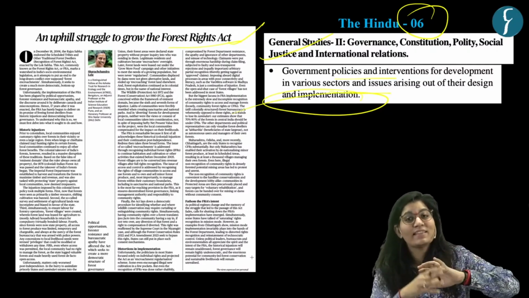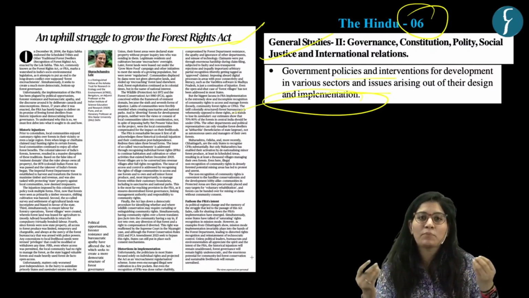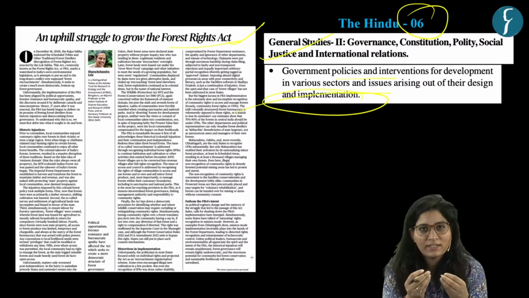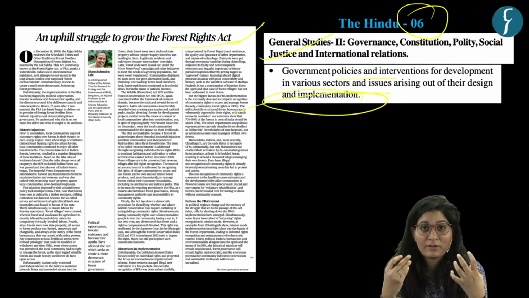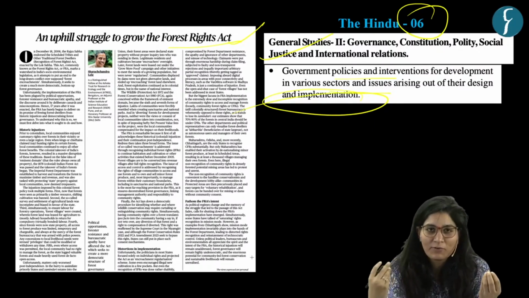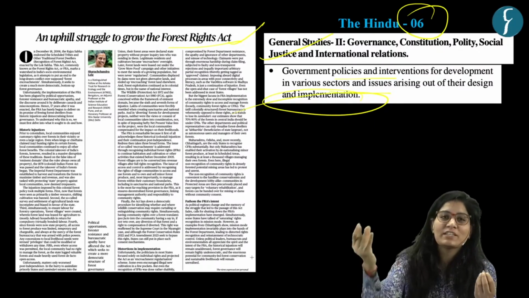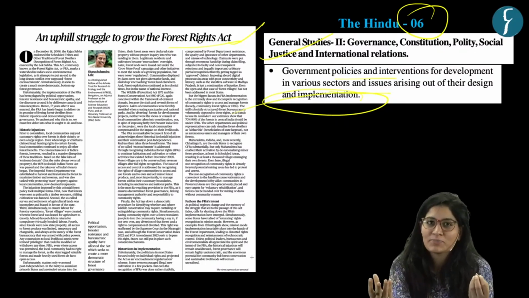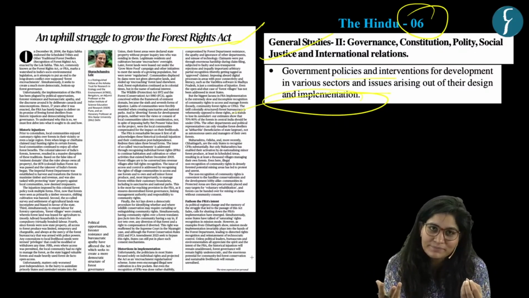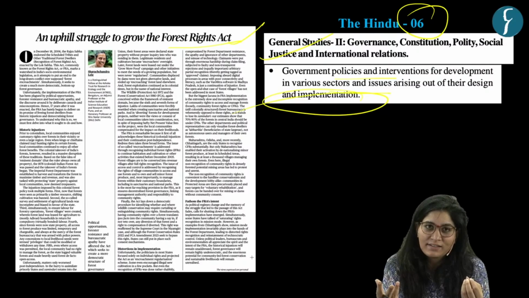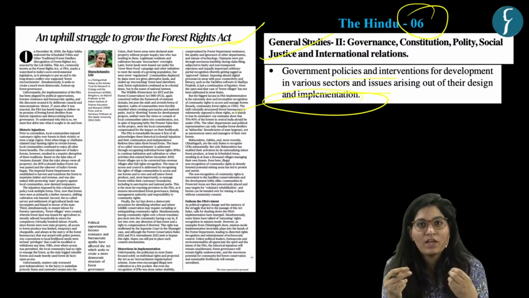So in the process, they developed a mutualistic relationship between forest dwellers and forest. Why? Because they were dependent on forest for forest produce, for their livelihood. That's how their relationship was.